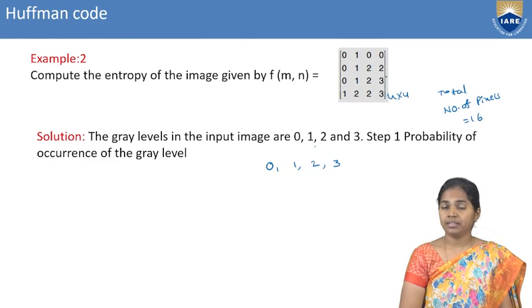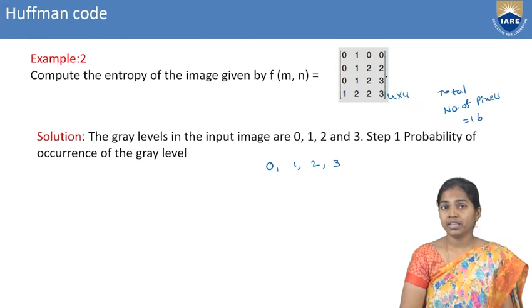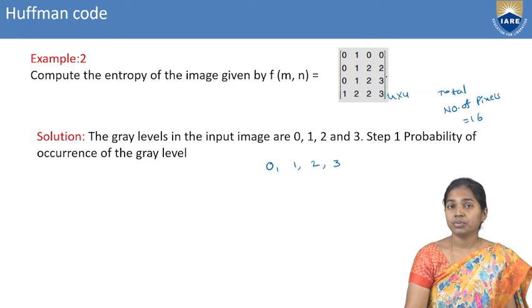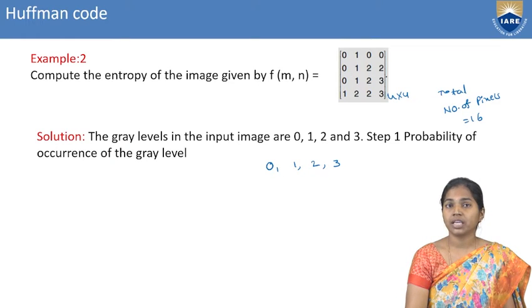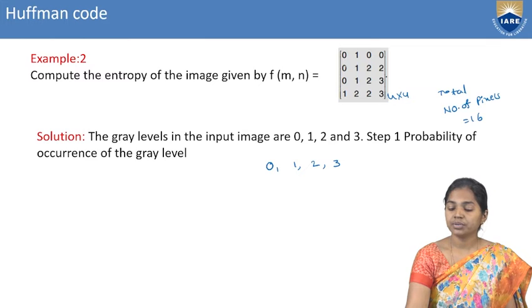How do we calculate the occurrence of the gray levels, the P of rk? In this image, 0 occurs 5 times.